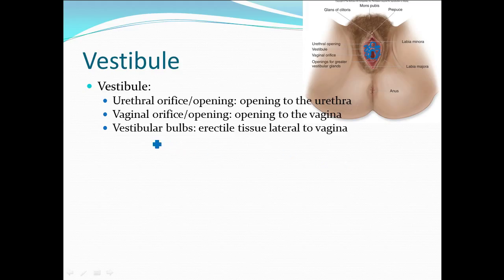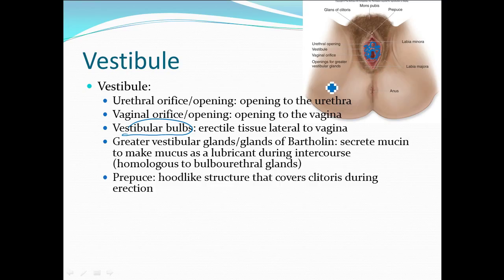Okay, they're more of an internal structure, so you don't actually see them on the external view. The greater vestibular glands, once again, secrete mucin to make mucus to lubricate the vagina during intercourse, and this is homologous to the bulbourethral glands in the male that we'll talk about tomorrow.